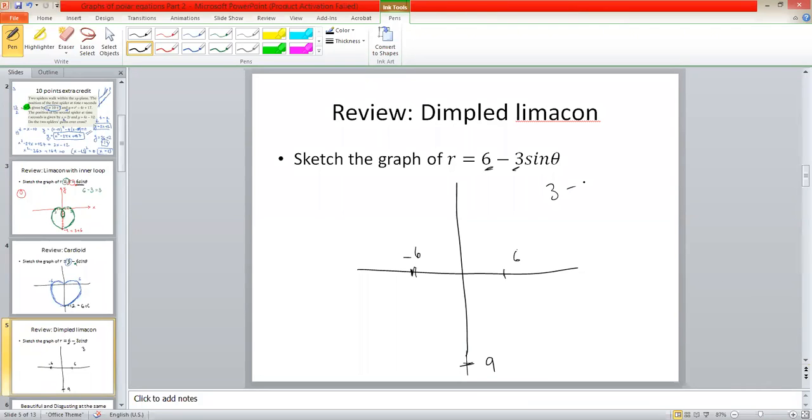And now 3 minus 6 will be 3 in the opposite direction. 1, 2, 3. Maybe 3 is here. And try to graph an apple, and I will use the green color. No, if this is 3, then 6 has to be here. That's a mistake.